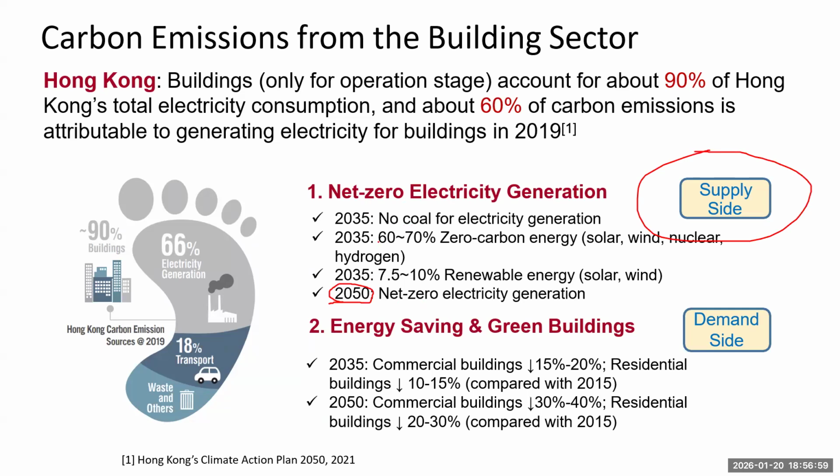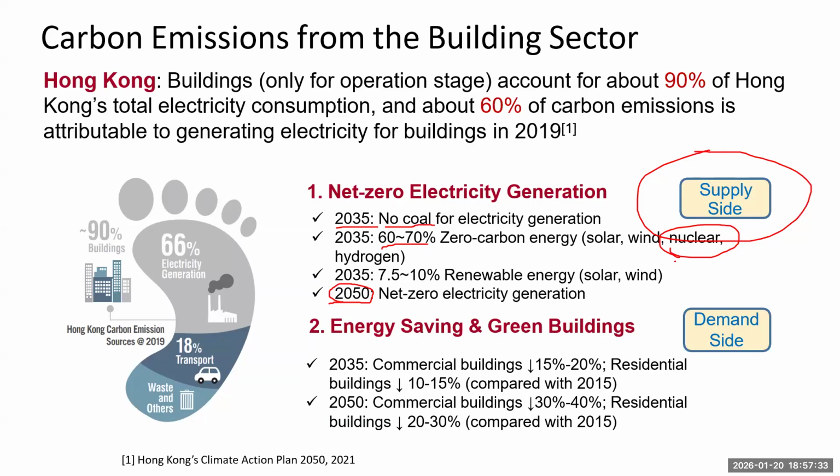The plan is that in 2033, there will be no coal for electricity generation, and around 60 to 70% will be zero carbon energy, mainly from solar energy, wind power, and nuclear power. I think that's mainly from nuclear power.